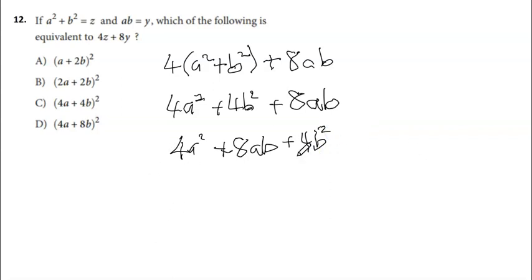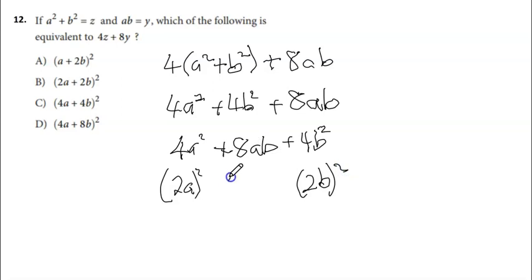So we notice from here that 4A squared can be written as what? 2A all squared, right? And also 4B squared can be written as 2B all squared.